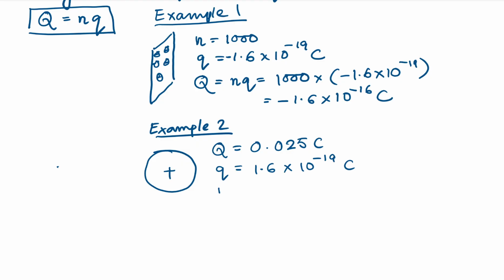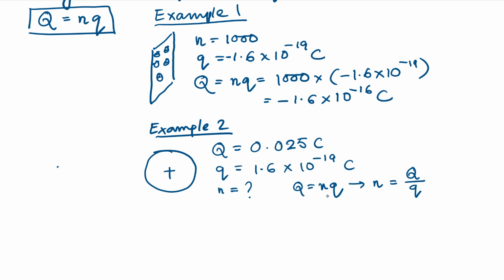And now we want to figure out how many electrons it has to lose in order to gain this amount of positive charge. So we want to figure out what is our n, the number of electrons being lost over here. So we are going to rearrange that formula. We will start with the Q equals nq formula, and then we are going to rearrange it to solve for n, the number of charged particles, and that equals capital Q divided by small q.